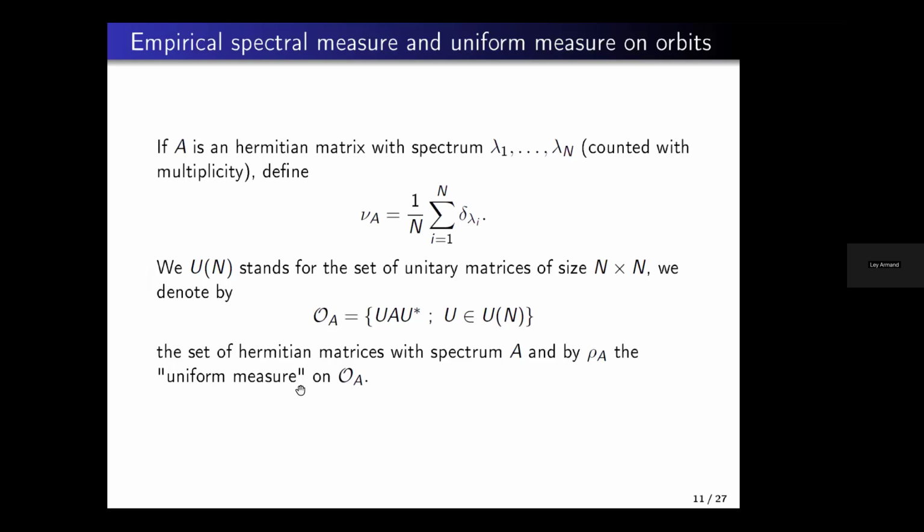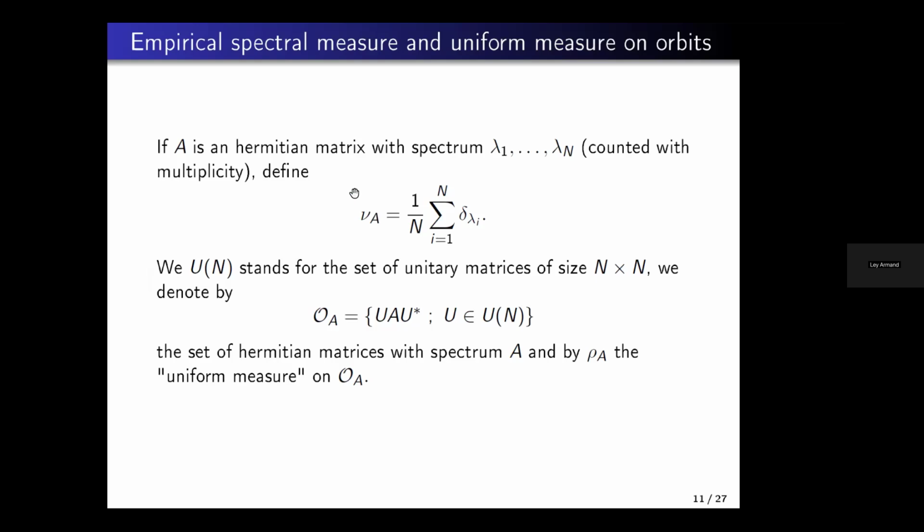To do that, I need a piece of notation. If you have a matrix A, which is a Hermitian matrix with spectrum lambda 1 to lambda n, counted with multiplicity, so the size of the matrix is n times n, you can define a measure mu_A, which is basically counting the spectral values, but is renormalized.